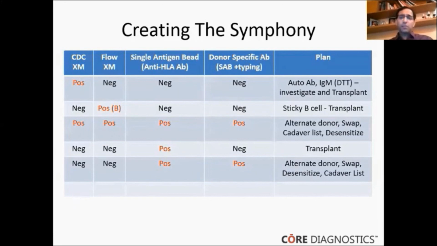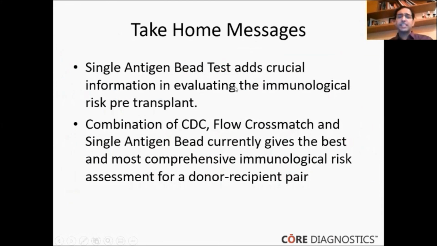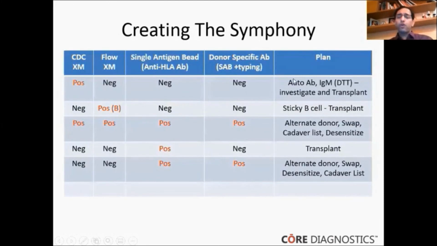So now let's summarize what our approach can be. If your CDC is positive, but everything else is negative, the things to look for are an autoantibody like lupus and HIV, or IgM antibodies, so you should treat them and investigate, but usually this is going to be a technical issue with the CDC and a non-HLA antibody.